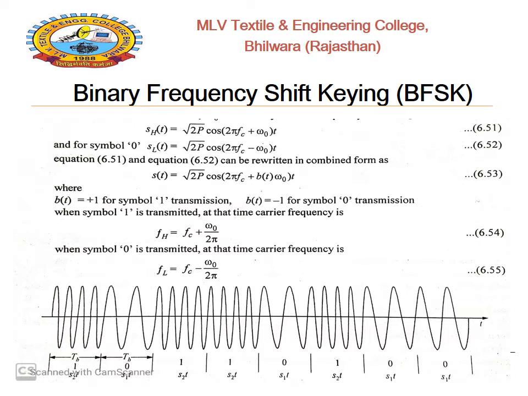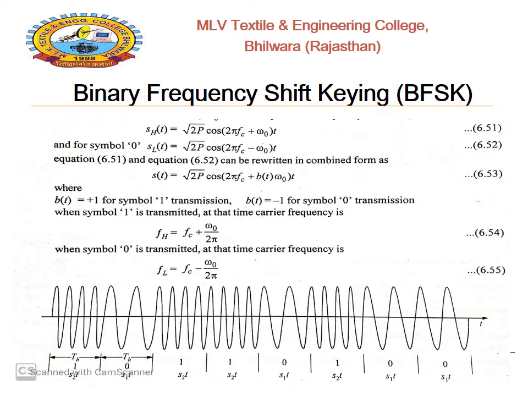For symbol 0, the lower frequency component SL(t) equals √2P cos(2 pi Fc minus omega naught)t, where omega naught is subtracted from the carrier frequency Fc. The observable part is that the amplitude, √2P, is the same for symbol 1 and symbol 0 in equations 6.51 and 6.52.